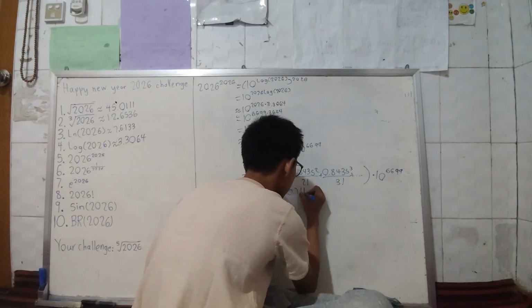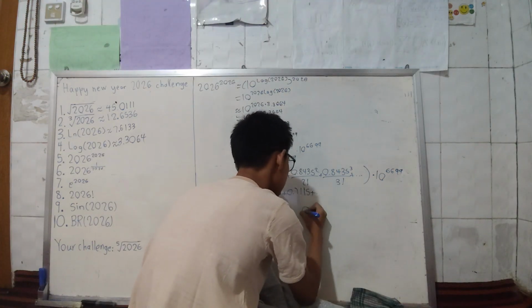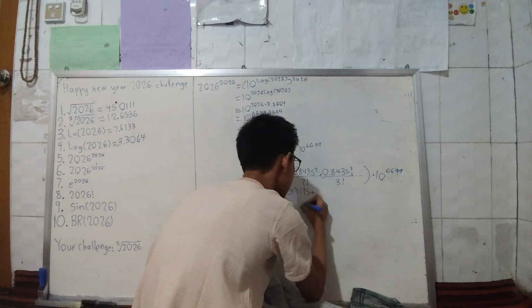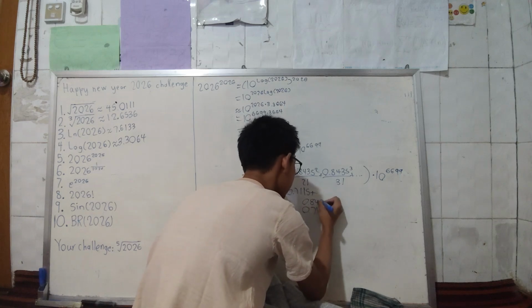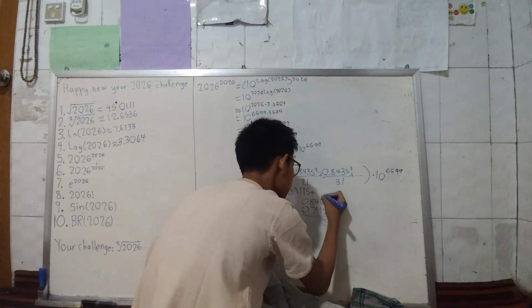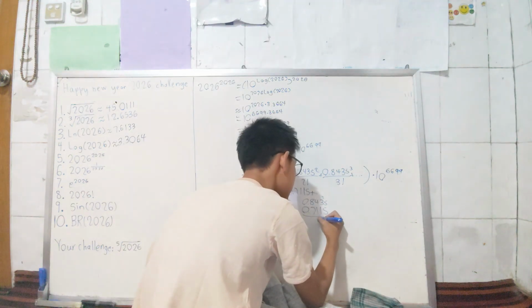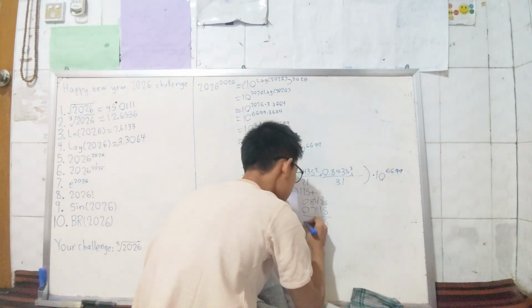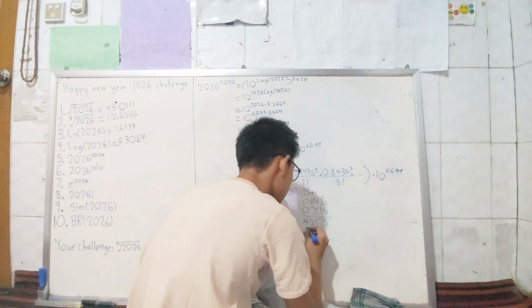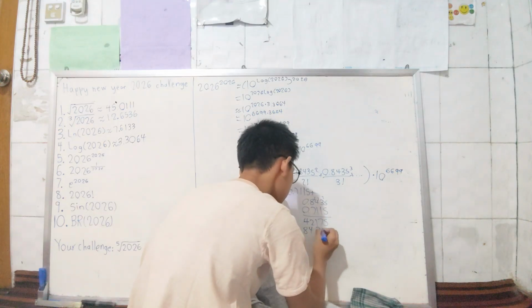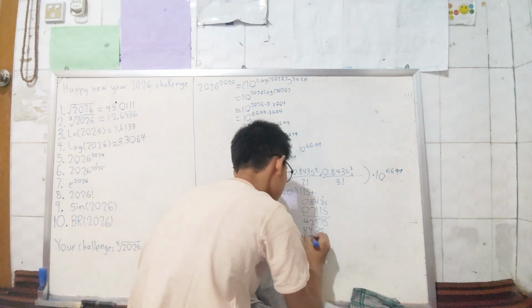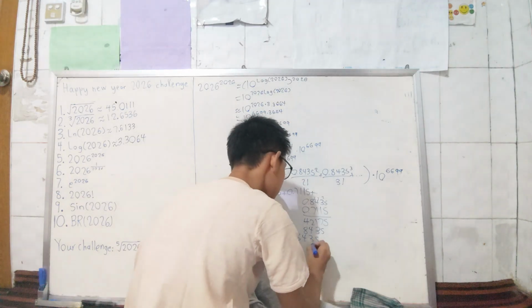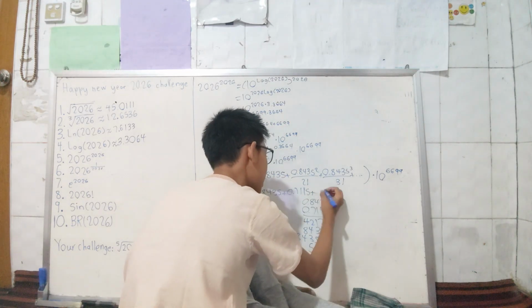Let's just round it to 4 decimal places. 0.75, times 0.8435. 5 times 5 is 25. 5 is 15. That's going to be 17. 4 times 5 is 20. That's going to be 21. 8 times 5 is 40. That's going to be 42. 0.8435. 0.8435. And 35.